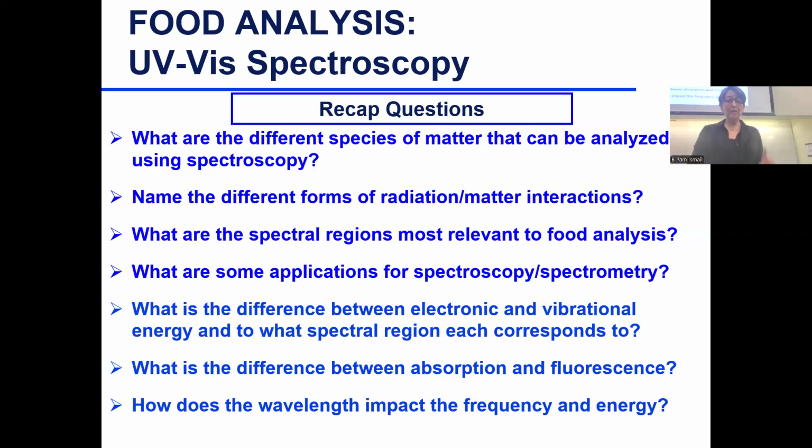So what's the difference between absorption and fluorescence in energy? When light hits matter in the right range or allowable energy shifts, what's going to happen? The atom or molecule is going to absorb energy.